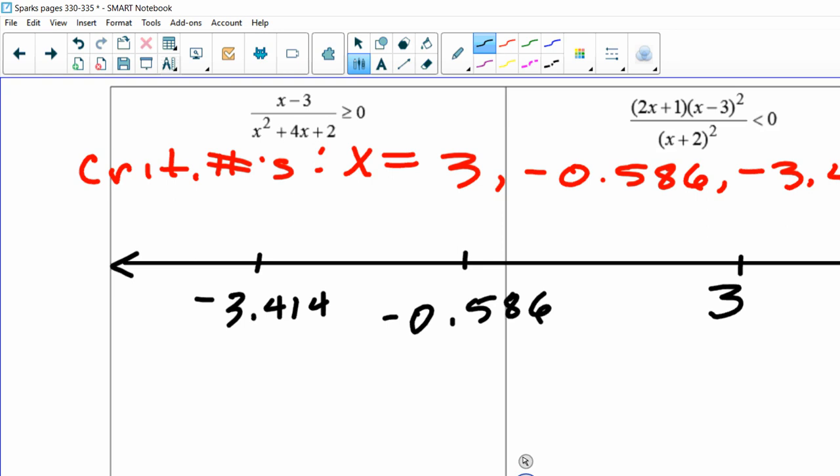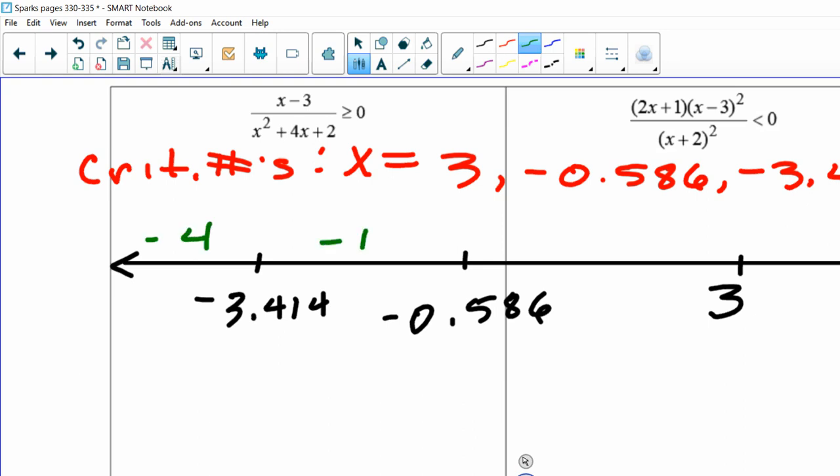Do you know how to finish? Yeah? Like you really do know how to finish? What's the next step you're going to take? You're going to find a number in each of those regions. Give me some.